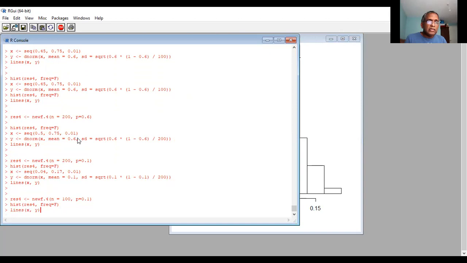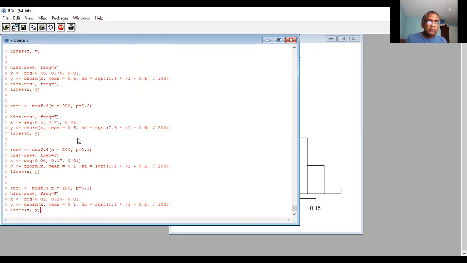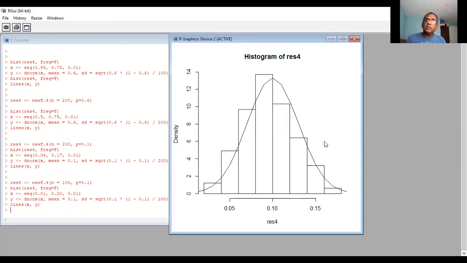So you change x from 0.01 to 0.20 like this, and your n is going to be 100 this time, so you change n to 100, and this is what you get. You see one more time that the density of the normal is a good fit to the simulated histogram.